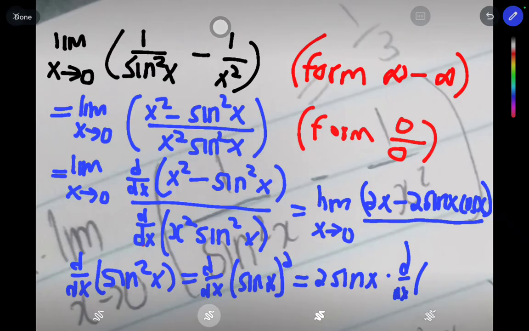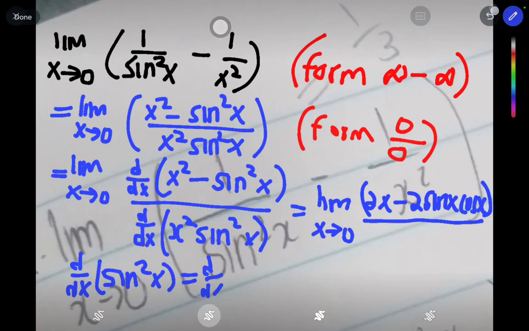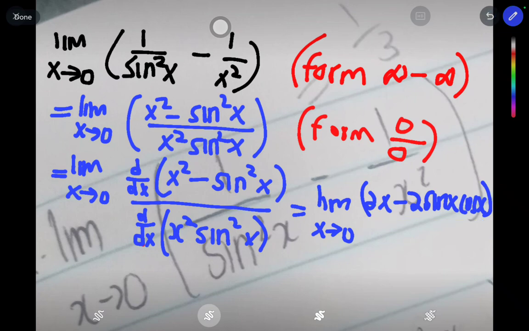Then when I try to derive the denominator, if we look at the denominator here, this is a product rule. I'm going to apply product rule for me to derive that. And with product rule, for me to derive that, I'm going to keep one, derive the other, plus and so on, right? So this will just be all over.